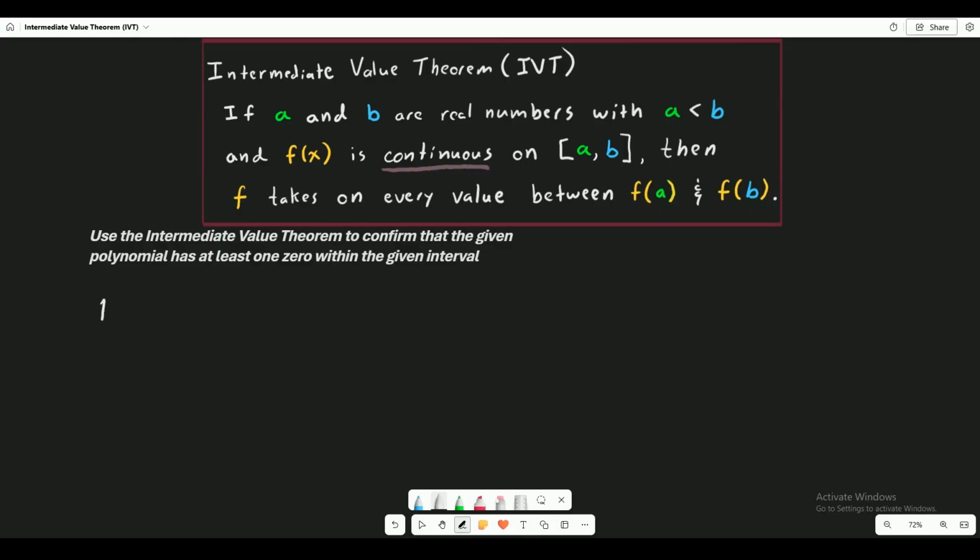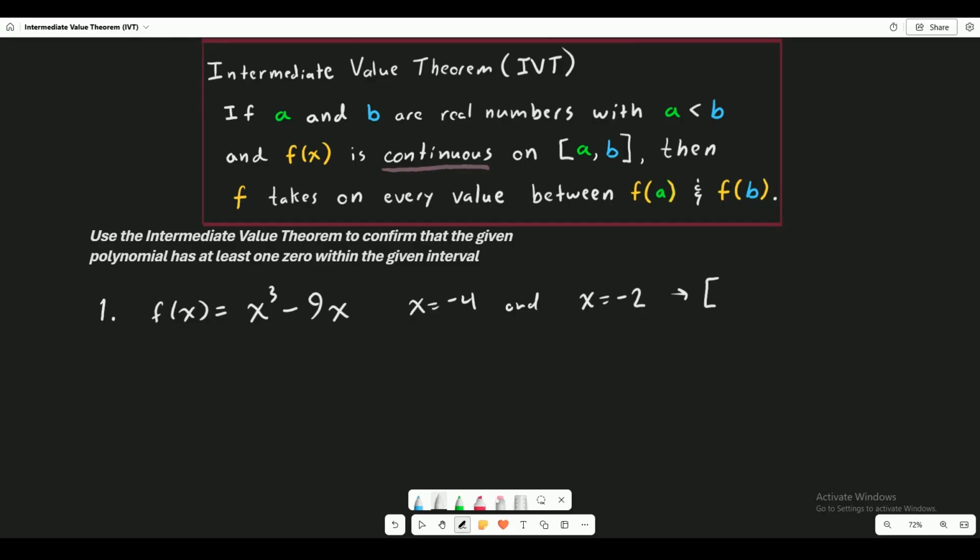Number one, we have f of x equals x cubed minus 9x. So we have a function, but we now need an interval, and our interval is the following: x equals -4 and x equals -2. We can turn this into an interval like this.